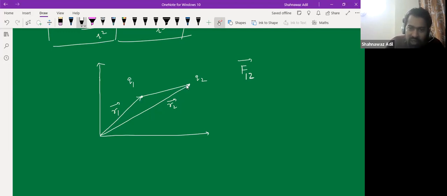We already know the vectorial sum, right? So what is the vectorial sum that we will use to write this? Let's say this vector is r1. So how can we write this r12 vector? What would be this r12 vector?